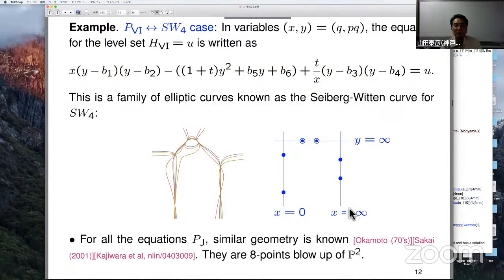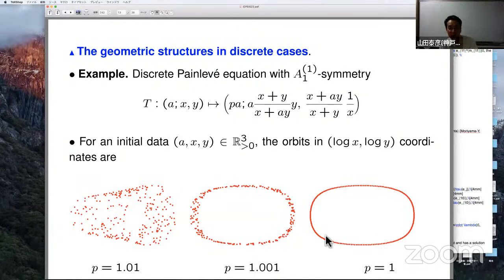Okay. And a similar thing also happens in the discrete case.